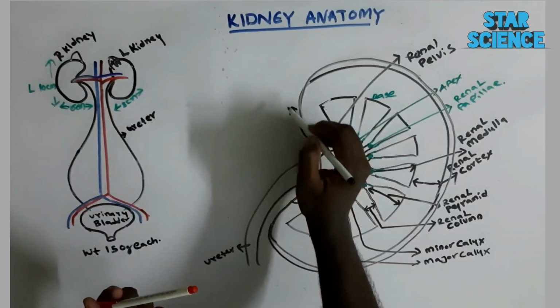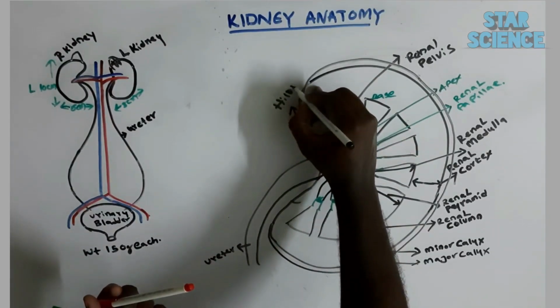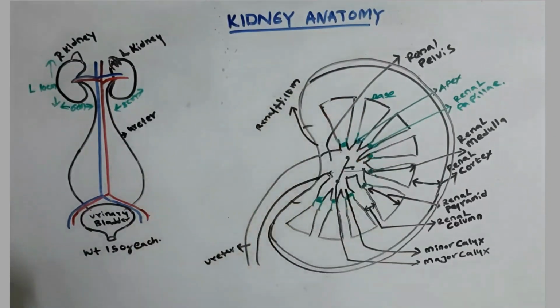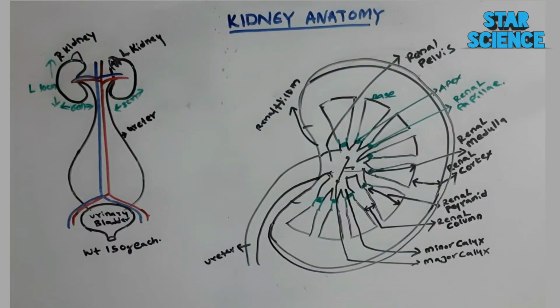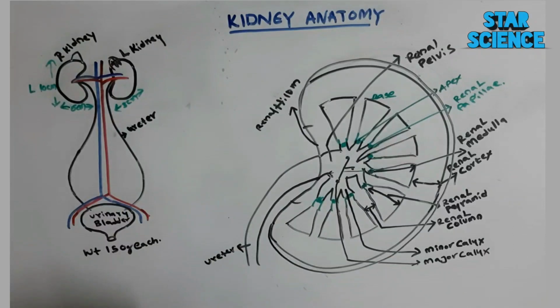I'm drawing right now the renal hilum, the place where the arteries, veins, and nerves enter into the kidney. That place is called the renal hilum. So these are the clear structures of the kidney.